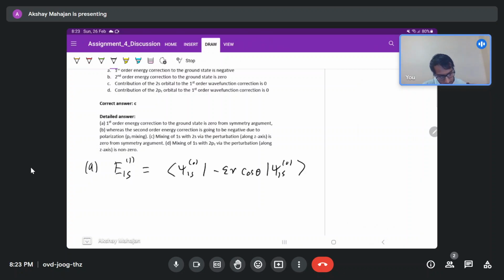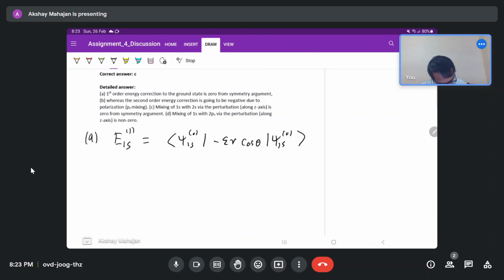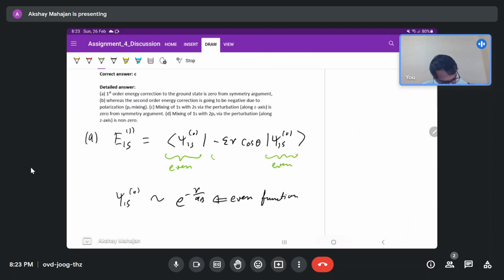Okay. Now from the symmetry argument, if you see this function, psi 1s of the 0th order is approximately, if you remember, e to the power minus r upon a_B. So this is an even function. Again, by symmetry argument or by integration, you can see that this is going to be an even function, while this is going to be an odd function when we do the integral.